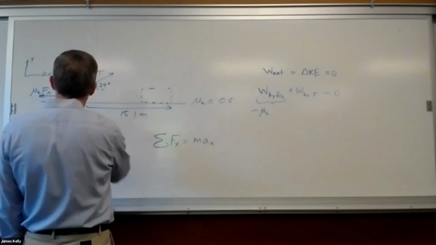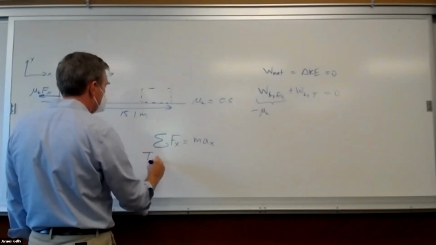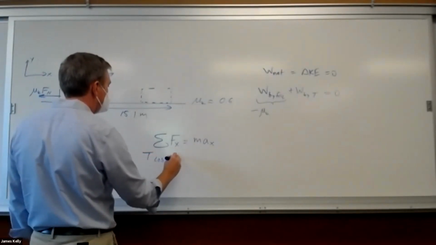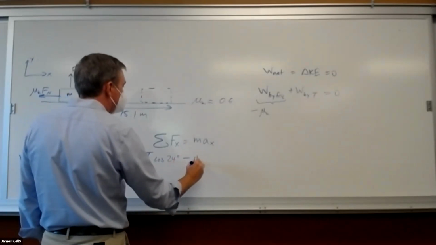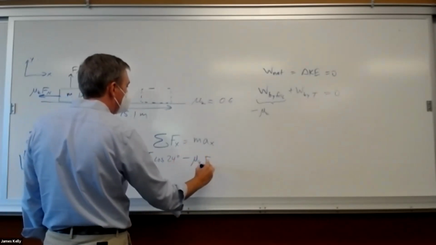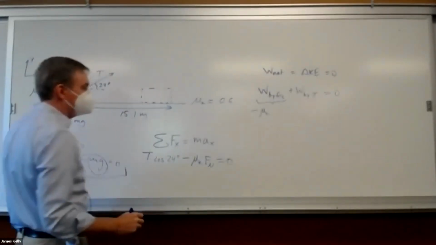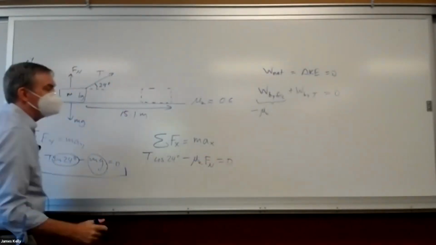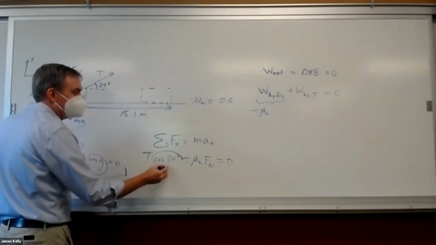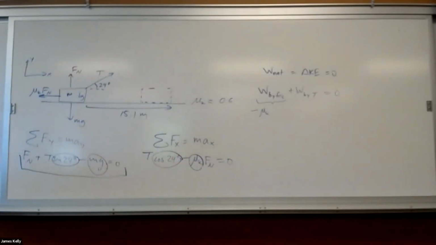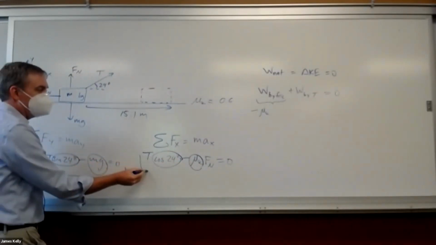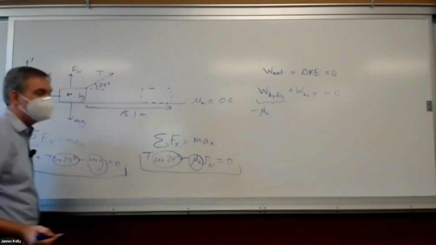In my coordinate system, that's T cosine 24 degrees minus mu k times the normal force. Those add to 0. And in this case, I know how to calculate this, and I know how to calculate this. But again, I don't know the normal force, I don't know T. So I've got 2 equations here and 2 unknowns.